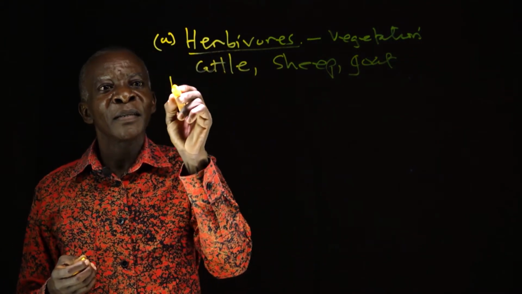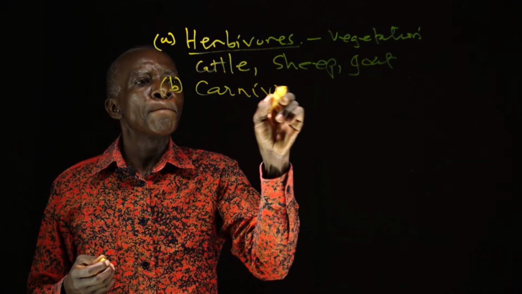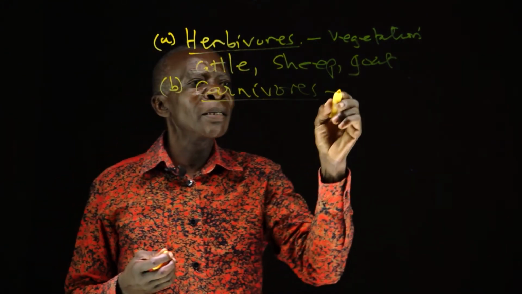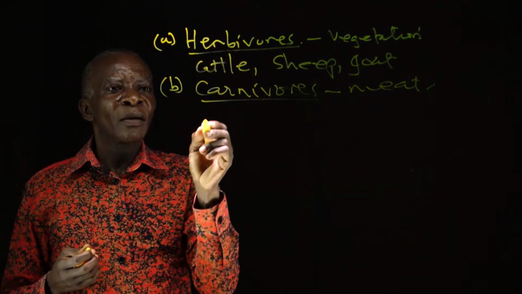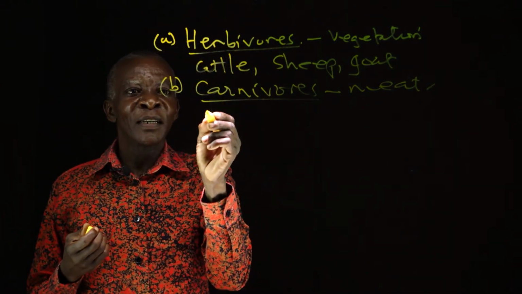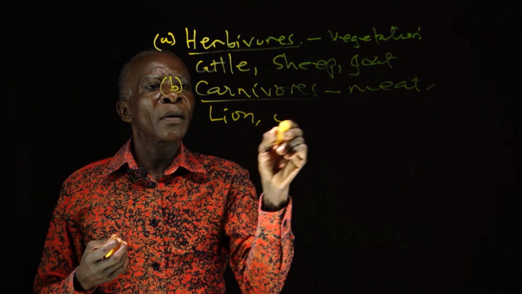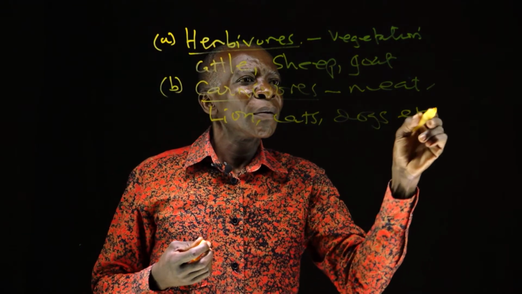The second category, we have the carnivores. The carnivores are simply meat eaters or flesh eaters. They include lion, cats, dogs, and the like.